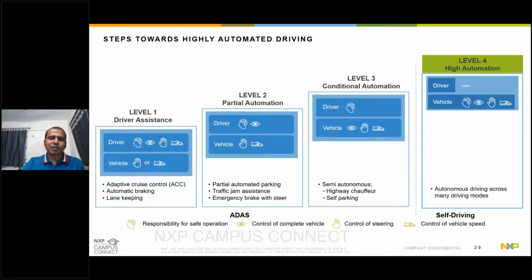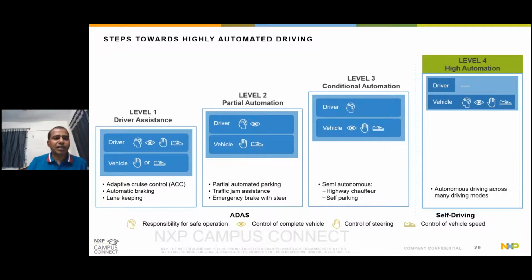And currently, the industry is moving towards complete autonomy. So, as I mentioned earlier, currently we are at level 3 automation for vehicles. And in the near future, we are moving towards level 4, that is self-driving vehicles or autonomous vehicles.